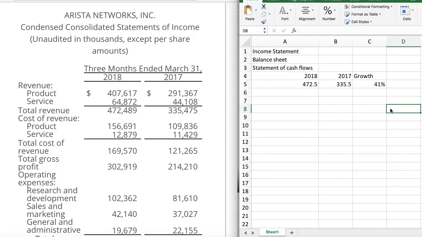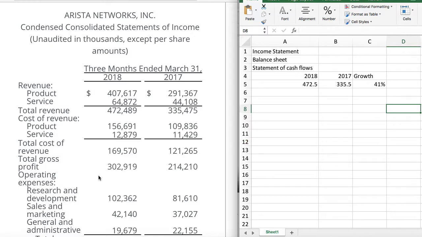We want to isolate these numbers so that we can compare them while considering all the other factors as well. If you just look at 41%, but they're losing a ton of money, that might not be as good as a company that's doing 41% growth but is really profitable. You have to compare companies on a holistic basis rather than on a certain number of factors.